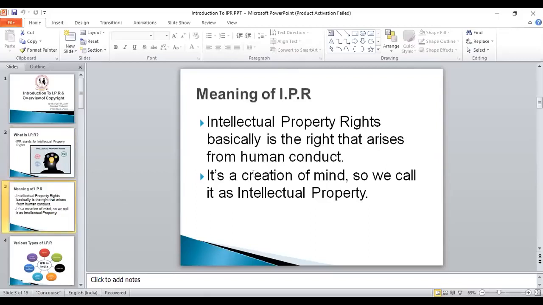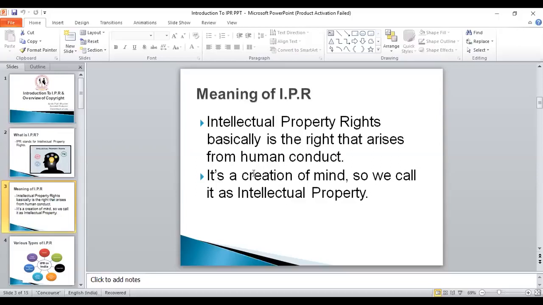Now let us see what IPR actually means. As we have discussed earlier in the intro part, intellectual property rights are the rights that arise from human conduct. It is a creation of the mind, so we call that intellectual property.